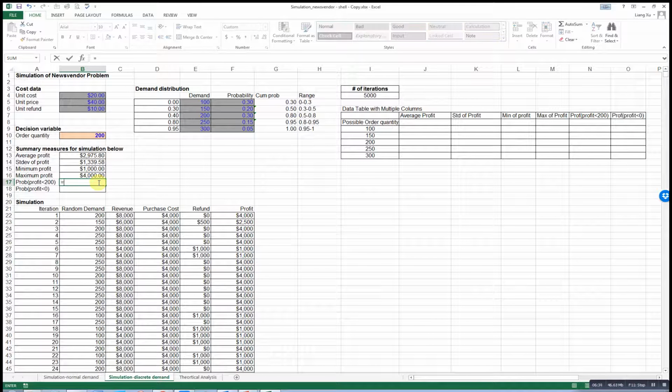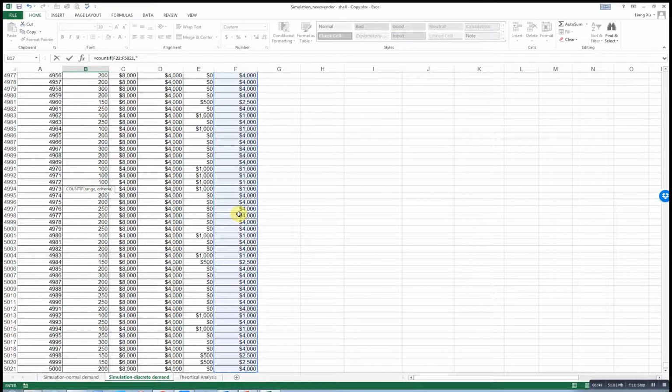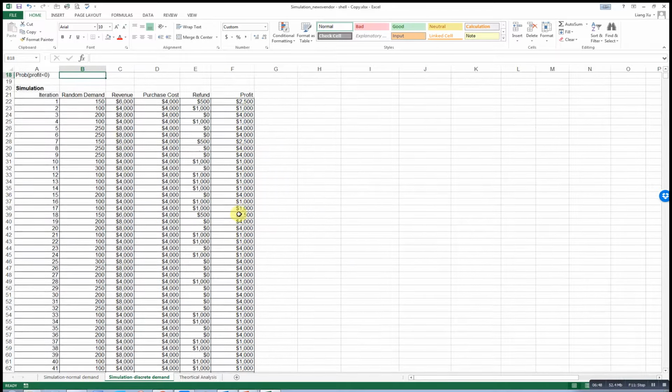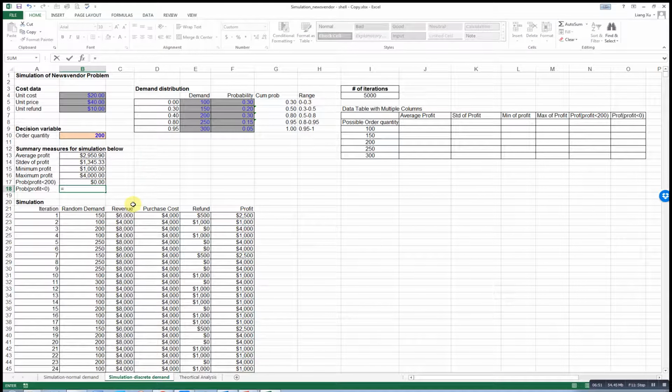So we count if the profit is less than 200, and I have to divide it by the total number of iterations. Then the chance that profit is negative, also divided by the total count.